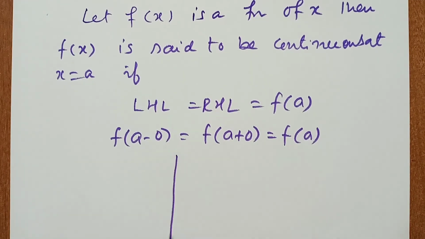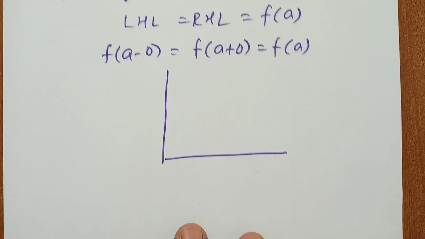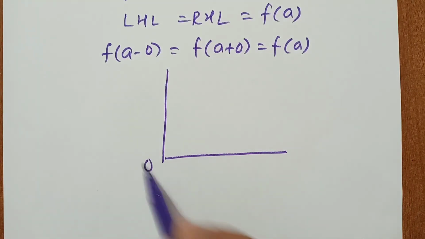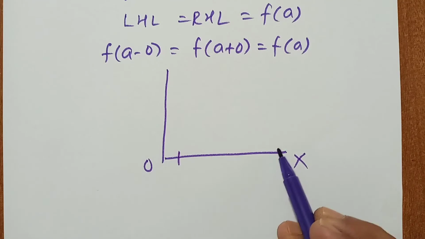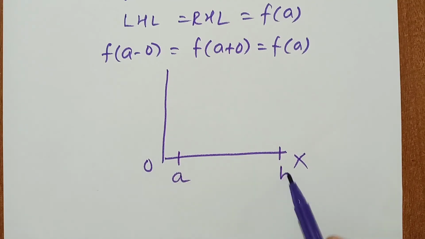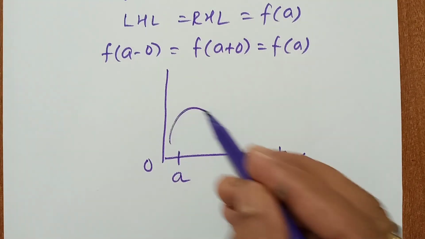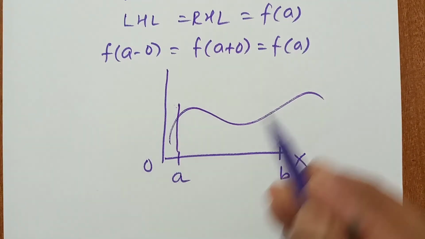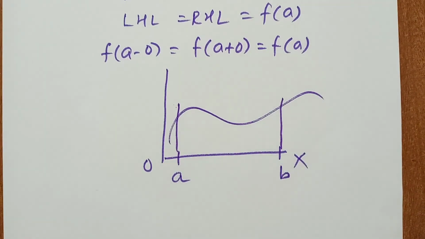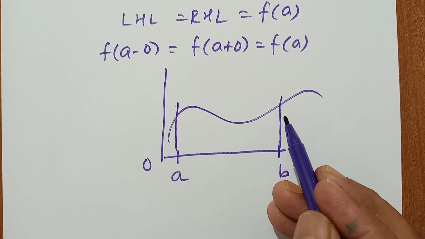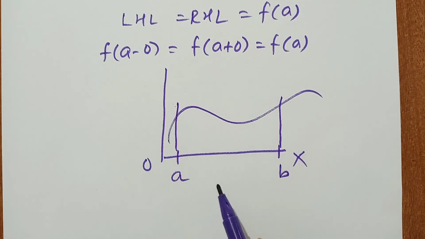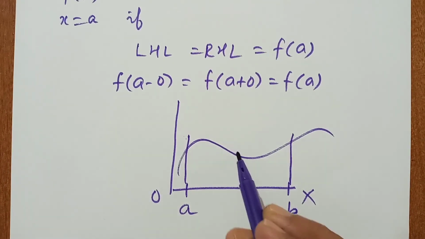Okay, let us suppose this is a function. So in this interval, suppose this is ab. So between this given range, this function is continuous. How we explain: suppose this is a point.